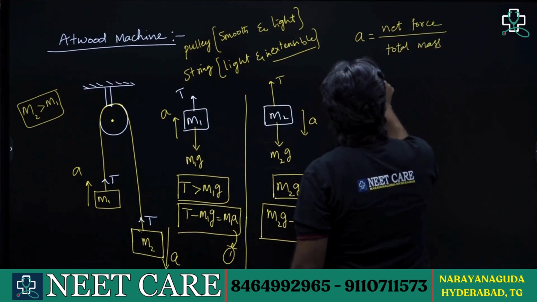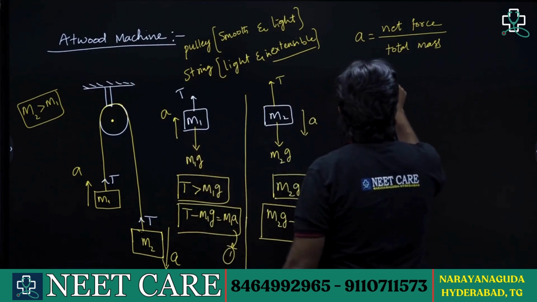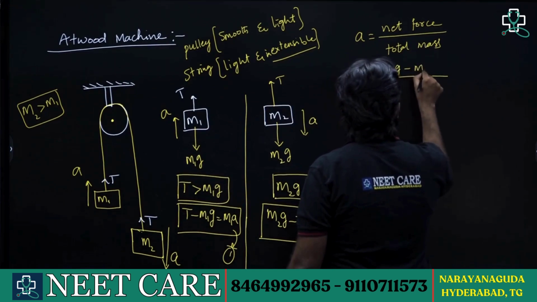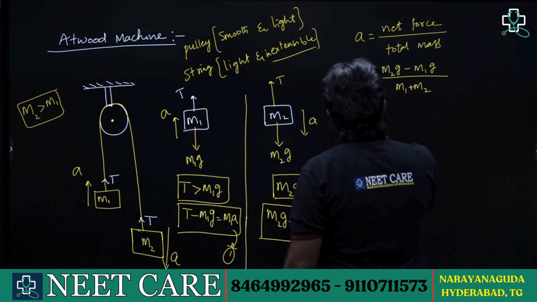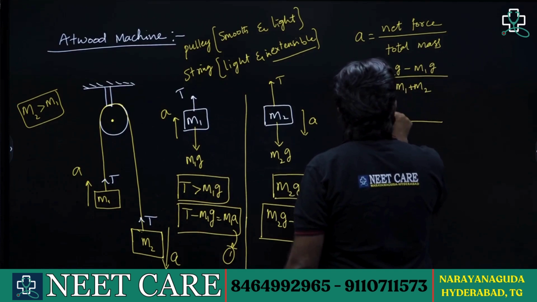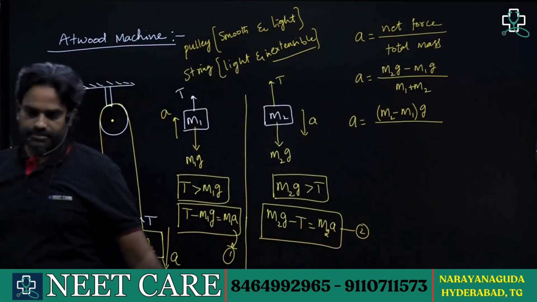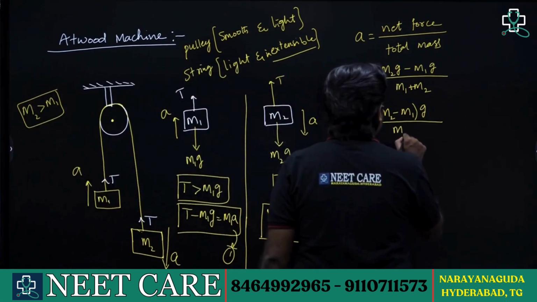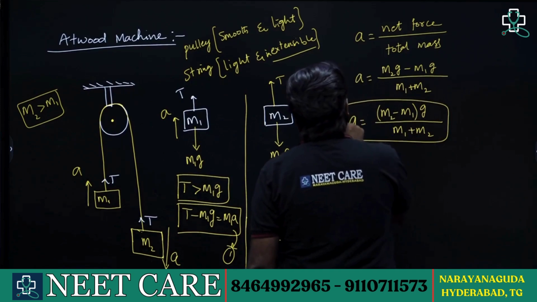Here the force acting is only gravitation, M2G downward. So simply you can write M2G minus M1G by M1 plus M2. That is, the acceleration is due to the net gravitational force, or net pulling force: M2 minus M1 into G by M1 plus M2. That's it. So we got the acceleration for the simple Atwood machine.